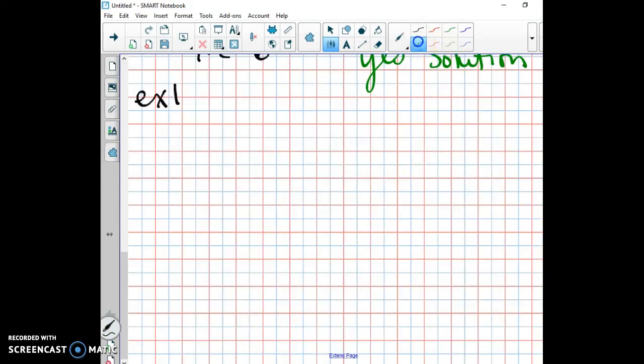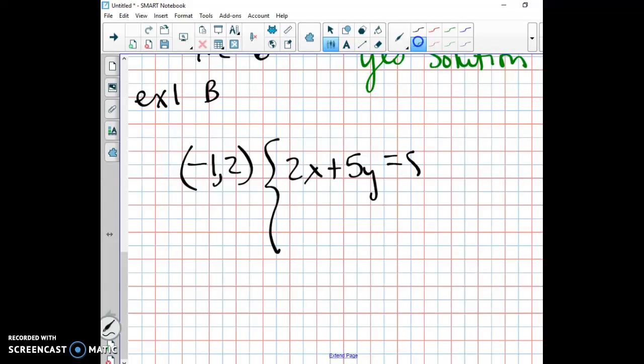Well, what's it look like if it doesn't work? Example 1, part B, says, is this the ordered pair, is this the solution where these two lines intersect? And our two lines are 5x plus y equals 8 and 3x minus 2y equals 5. So we're going to take our ordered pair, x and y, and substitute them in. Let's go ahead and do that.